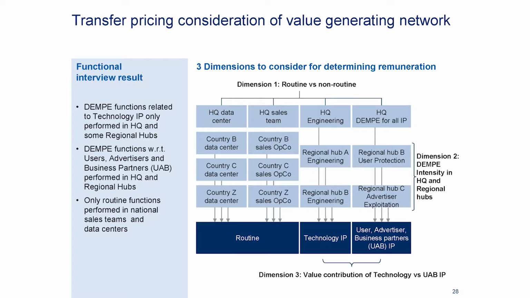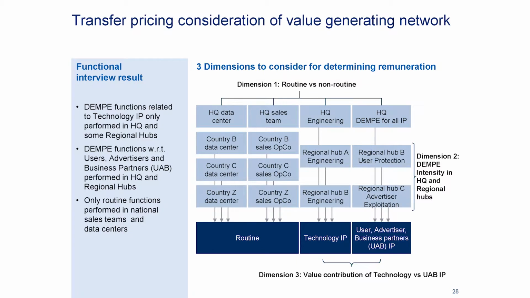The second dimension is then what's remaining. And here we have split it in two blocks at the bottom end of the slide. So technology on the one hand, because ultimately these digital players are considered as tech companies. So technology is probably an important part of their value proposition.